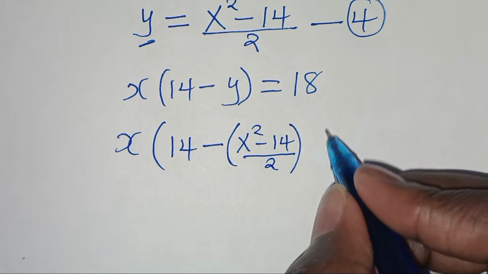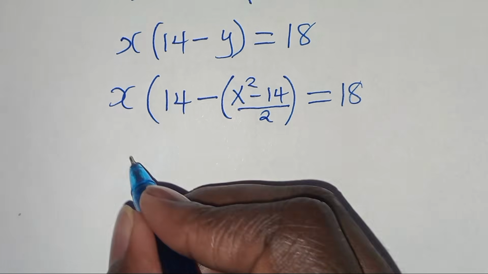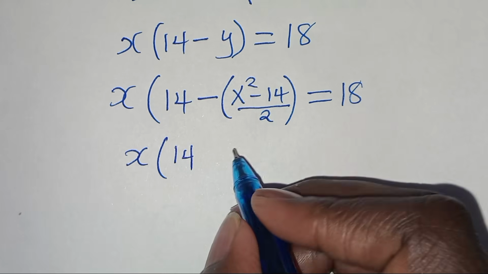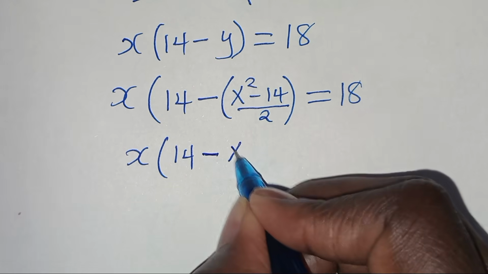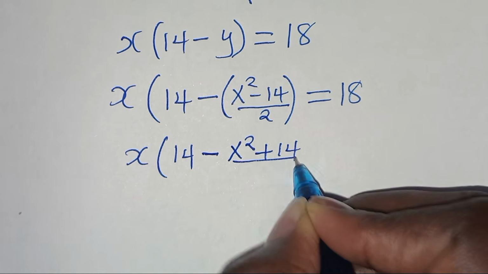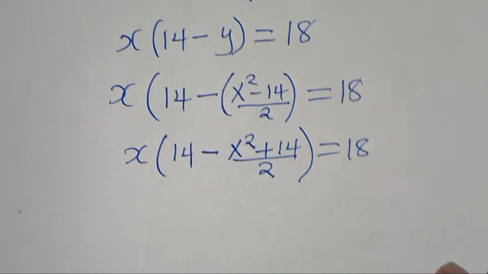Close the parenthesis. This is equal to 18. So we have x into the parenthesis. This is 14 minus, now we have x squared plus 14, everything here divided by 2. This is equal to 18.